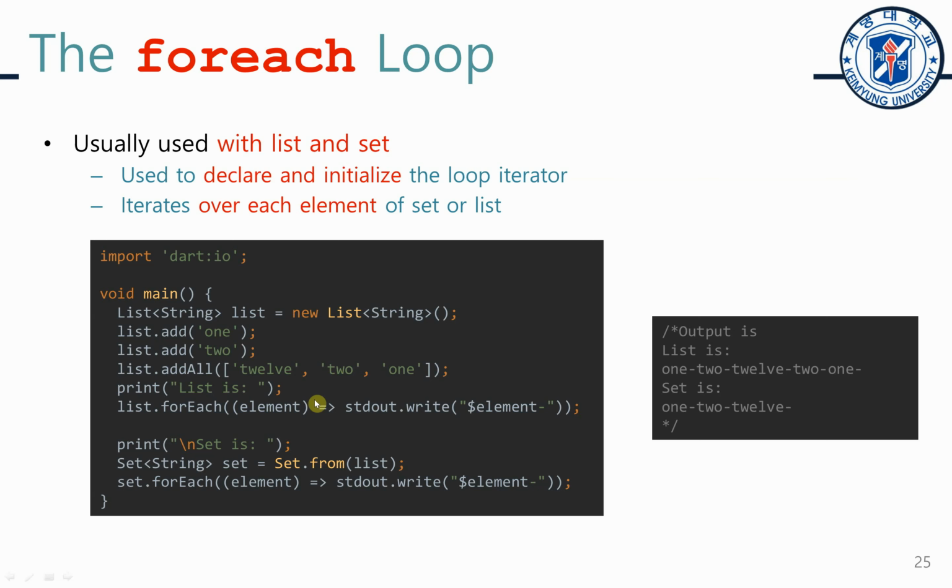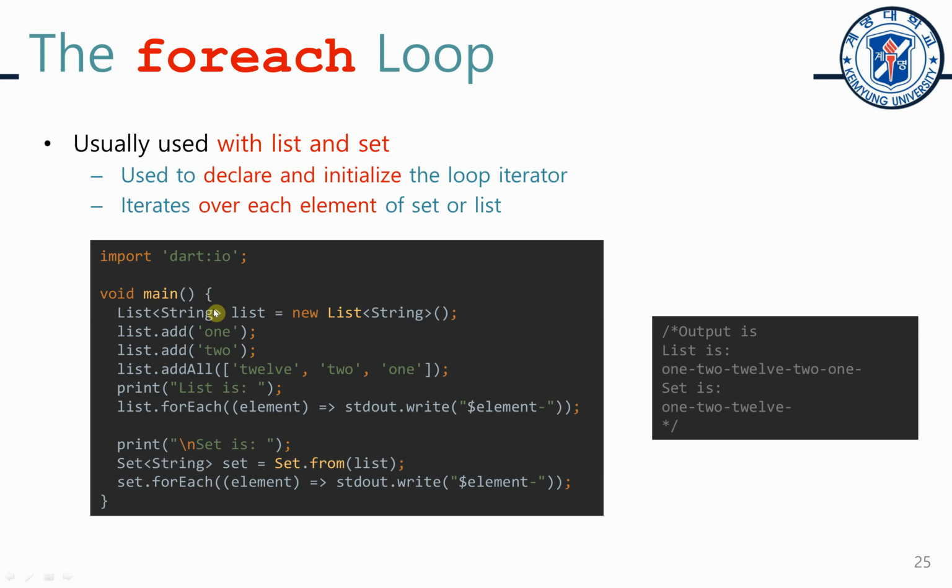If you want to print everything in the list, you can use the for each statement, and for each element, it will store each element of the list onto this element. 1 will be stored here, 2 will be stored here, 12 will be stored here, 2 will be stored here, and then each element will be printed out. The output will look like this.